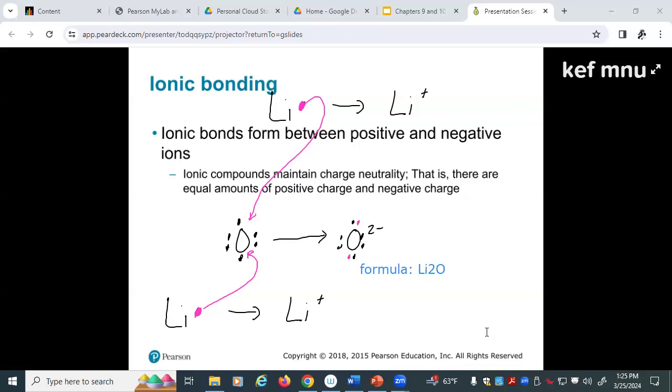And that's how we come up with the chemical formula Li2O for this ionic compound. Because in order to get oxygen to its octet, I need 2 lithiums giving up their electrons.